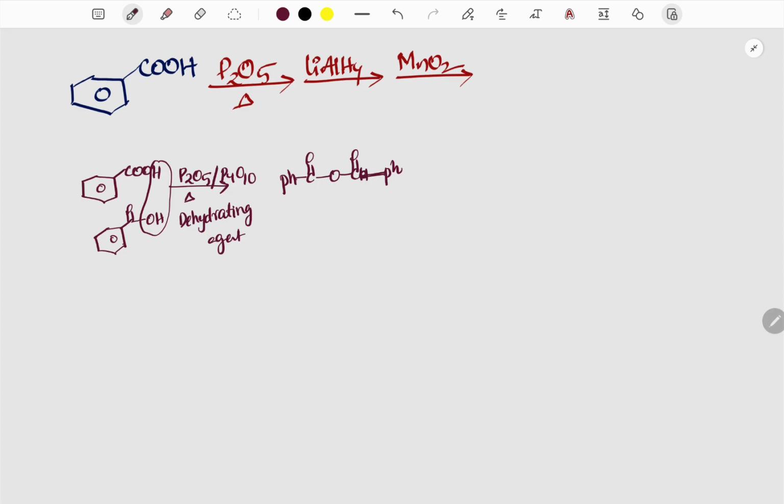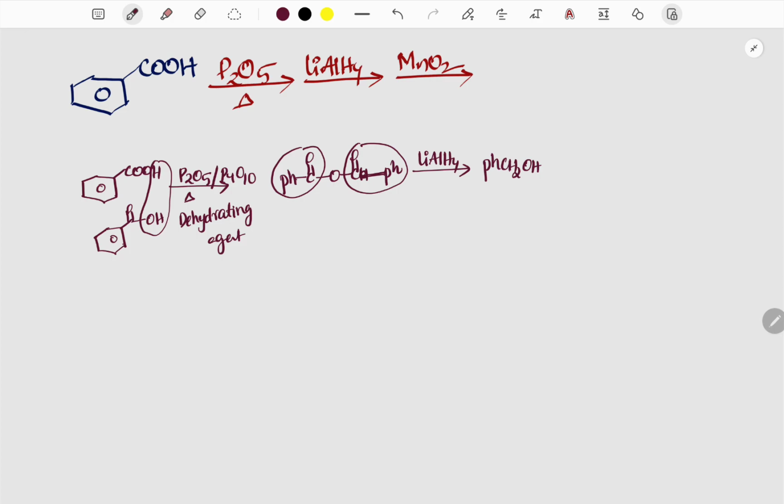Now this benzoic anhydride is treated with lithium aluminum hydride. Both anhydride groups undergo reduction and form alcohol.